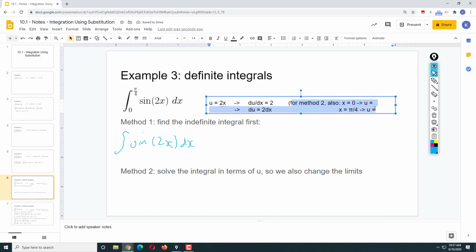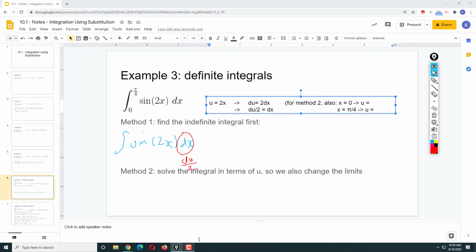The next part is for method 2, we can ignore that. So we know that du is 2 dx. That means that du over 2 is equal to dx. Therefore, this term dx turns into du over 2.